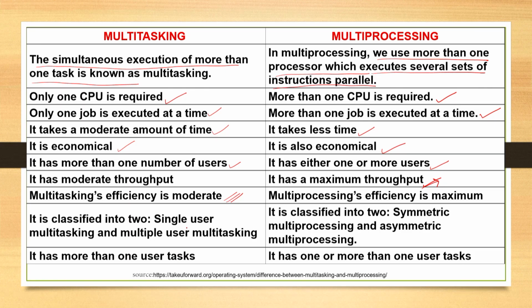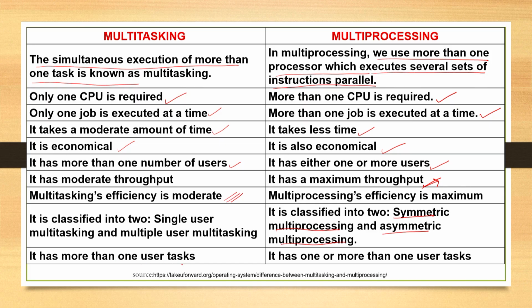Multitasking can be classified as single user multitasking and multiple user multitasking. Whereas multiprocessing can be classified as symmetric multiprocessing or asymmetric multiprocessing. That depends on how they are sharing the memory for the execution of the processes.